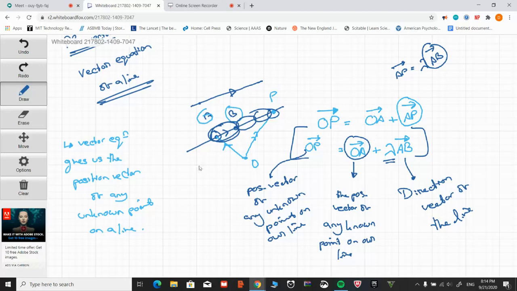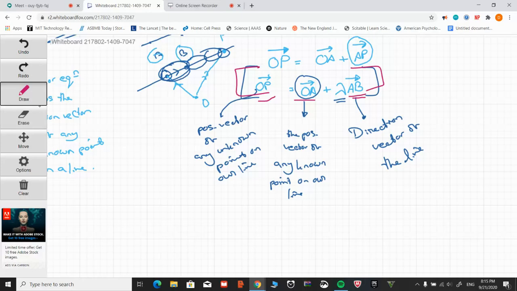We have in this red box an equation which gives us an idea of the position vector of this missing point P, which is on our line, in terms of one of the points that are known to us, again on the line, plus some multiple of a direction vector which is also known to us. This right here is the vector equation of this particular line. Now obviously it doesn't look like this. You need to put in numbers here. Let me show you what a vector equation might look like.